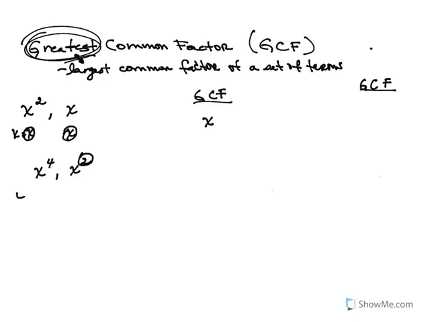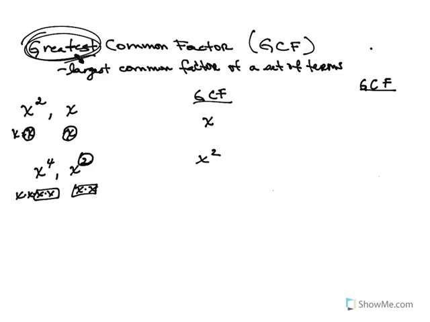So we're looking at x to the fourth, and then we're looking at x squared. What's the largest number of x's that they both have? They both have two x's, which is x squared. So the greatest common factor is x squared, but you don't have to break it down. You can just use the exponents.